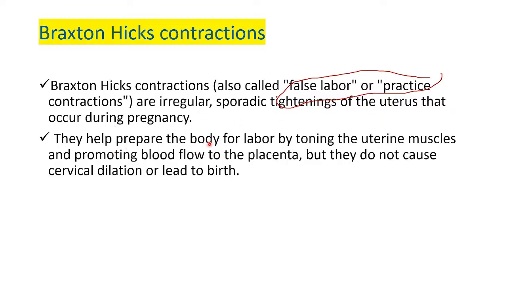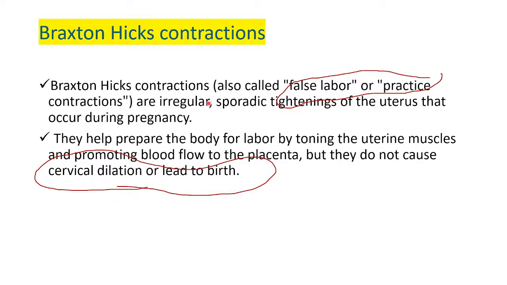They help prepare the body for labor by toning the uterine muscles and promoting blood flow to the placenta, but they do not cause cervical dilation or lead to birth. So this is the most fundamental part of this presentation. You ought to know that they don't cause cervical dilation or lead to birth.